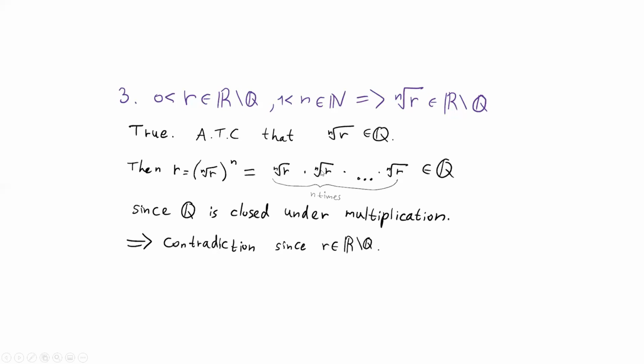But now we get that it is rational since this is a multiplication of n rational numbers, or n times a rational number by itself. Therefore, we get a contradiction. So our assumption that the nth root of r is a rational number was wrong, and therefore the nth root of r is not a rational number.